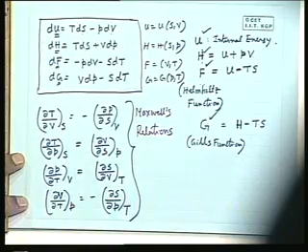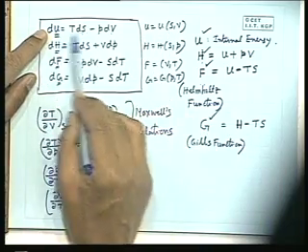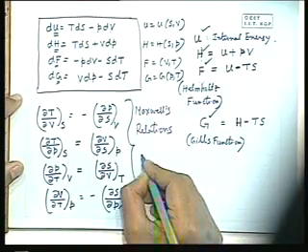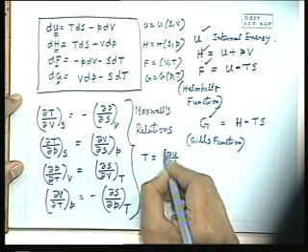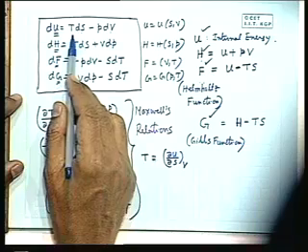At the same time, we can write other important relations. When I write U as a function of S and V, then T is equal to del U del S at constant V. Can I not write this?